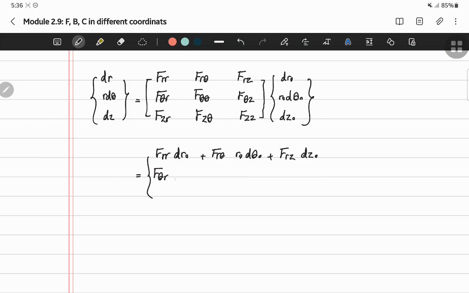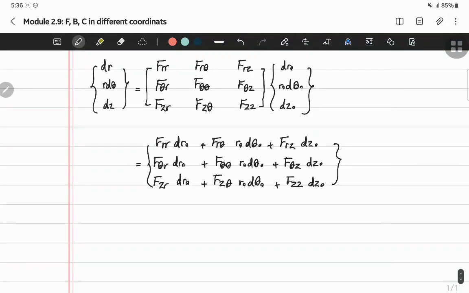Then I have F_theta R dr0 plus F_theta theta r0 d theta 0 plus F_theta Z dz0. F_ZR dr0 plus F_Z theta r0 d theta 0 plus F_ZZ dz0. So now dr is equal to this, r d theta is equal to this, and dz is equal to this.